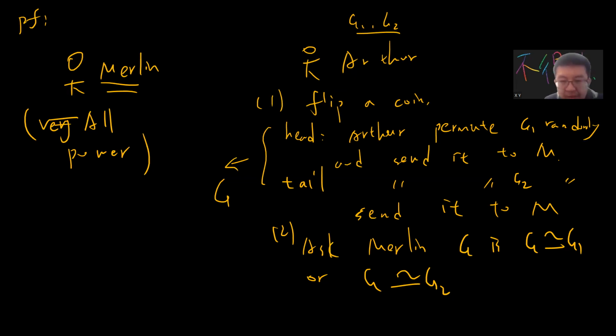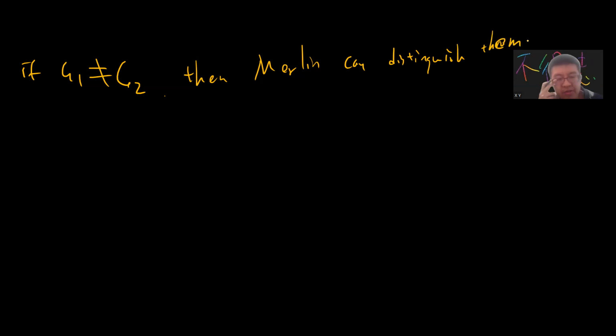It is easy to prove the following. If G1 is not isomorphic to G2, then since Merlin is all powerful, Merlin can distinguish them. After one round, Arthur may be convinced by Merlin, but if Arthur isn't sure, Arthur can repeat it n times.